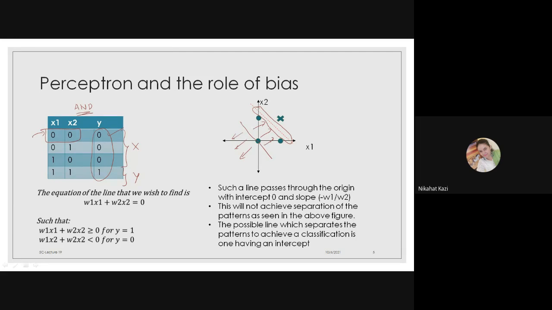So the only thing is you cannot achieve the separation with a line which passes through the origin, and that is why you need a bias. Bias is just going to shift the line. If the line you draw is here, you just shift it so that after training it is placed at such a junction that it will classify the patterns. So that is basically the role of the bias.